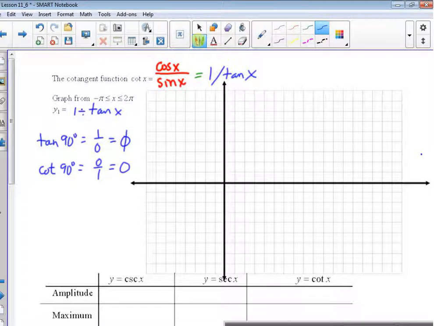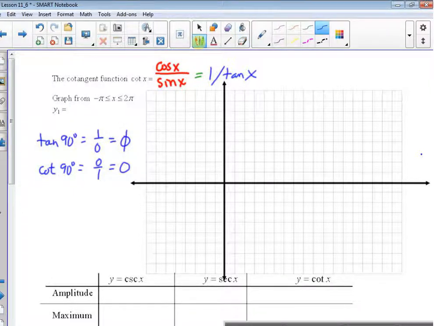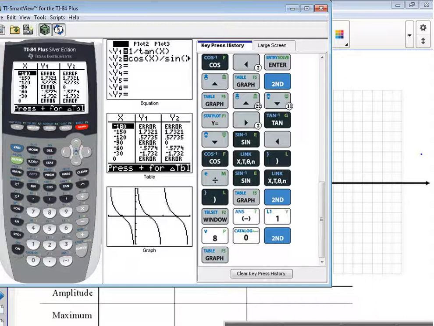So it might be better to put into your calculator cosine divided by sine, because 1 divided by tan theta didn't really work out for us all that well, especially in the table. So the cotan of 90 is really equal to 0, so it's not undefined there. And you will not get that.